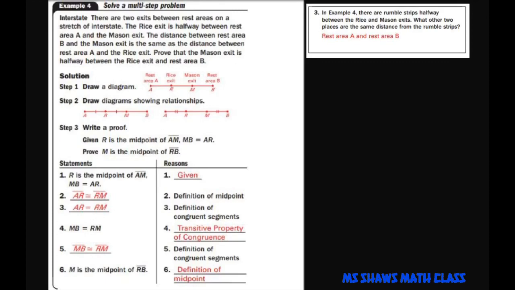We have a multi-step word problem. I'll let you look at this one. We are trying to prove that M is the midpoint of R and B. So again, you just write down the given.